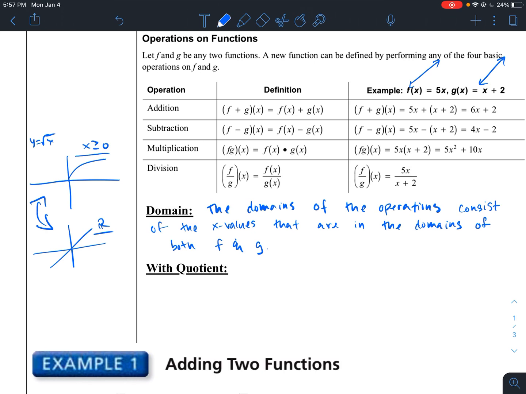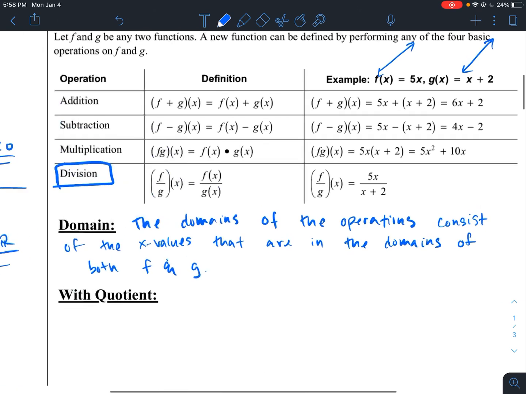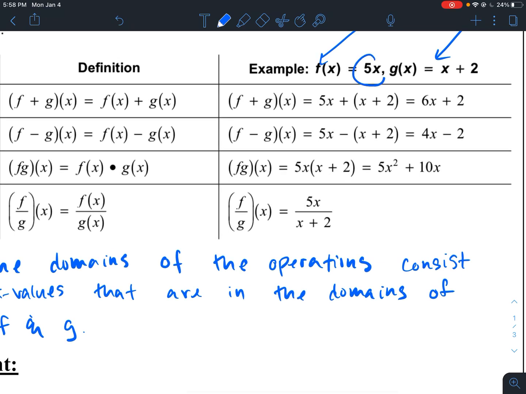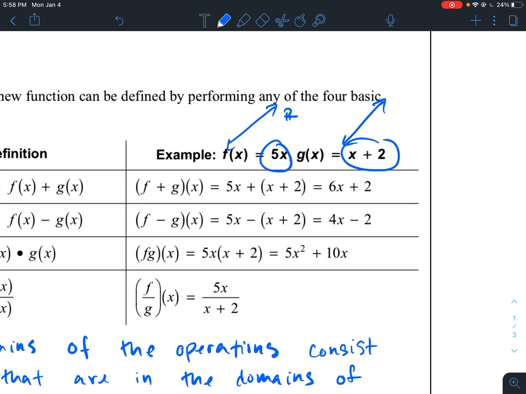Now there's one more thing with domain that we need to take note of, and that's whenever we use the operation of division. We still follow the same guidelines we just stated, but we also have to consider what happens when we create a fraction. For this example, f of x is equal to 5x and g of x is equal to x plus 2. We already stated that the domain for both of these is all real numbers.